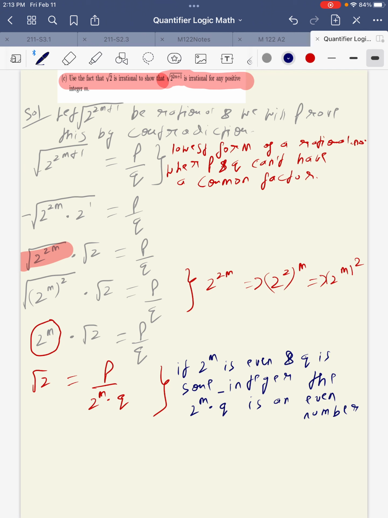So we already proved that the denominator is an even number.